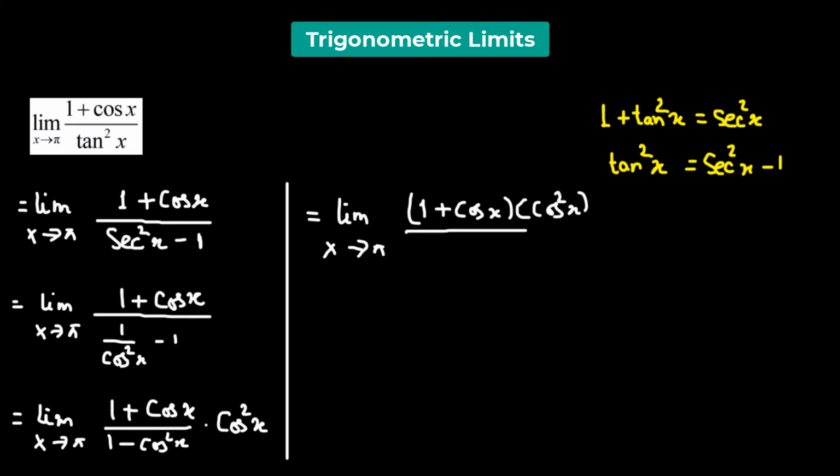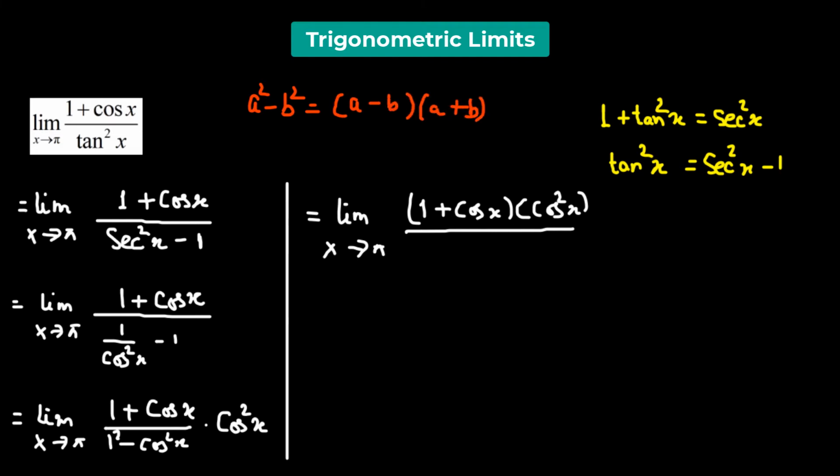Now we have 1 minus cosine squared x, so 1 can be written as 1 squared. So that gives us the identity a squared minus b squared, which is simply the product of the sum and difference of a and b.